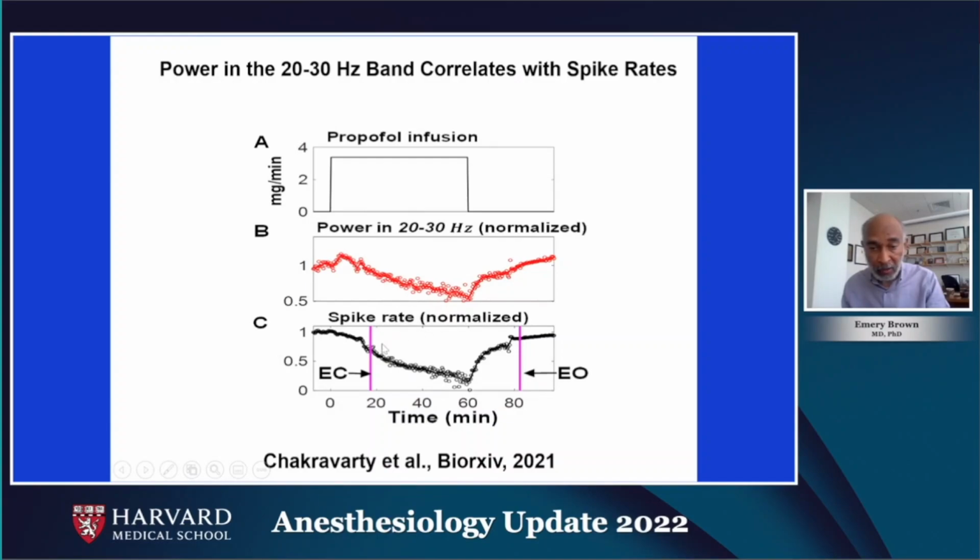So dropping spike rates, as I was saying, is a very robust indicator that the animal is going to be unconscious. And the local field potential would track in a very similar way to the EEG. So we're going to use this as our marker of unconsciousness, all right? You can see you give a propofol infusion, you keep it running constantly, and you see how the power just drops. So this is what we're going to use as our marker of unconsciousness.